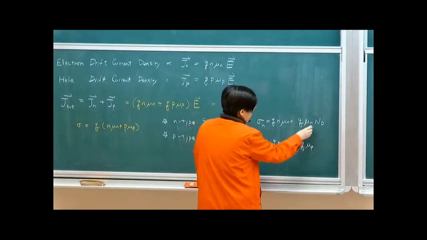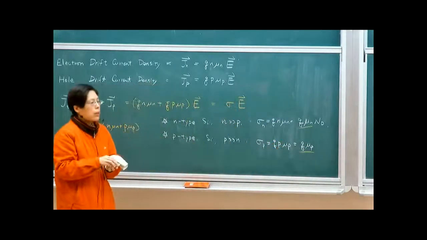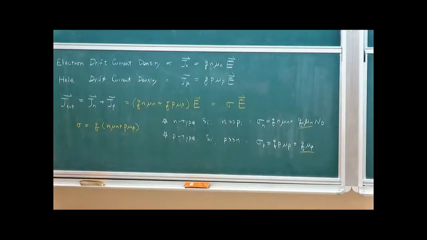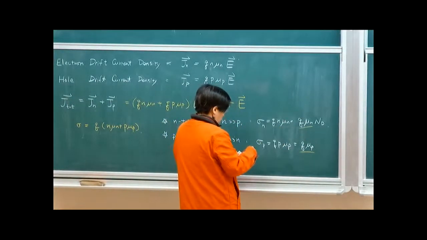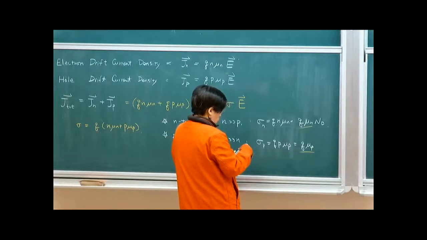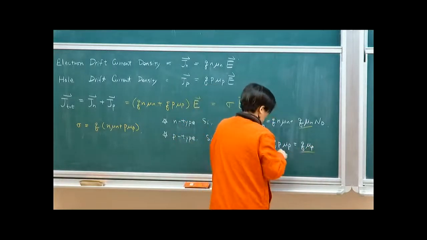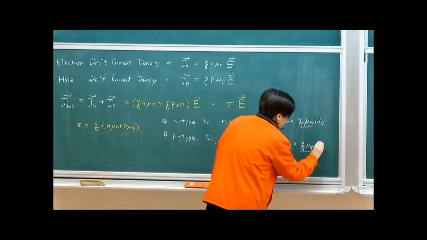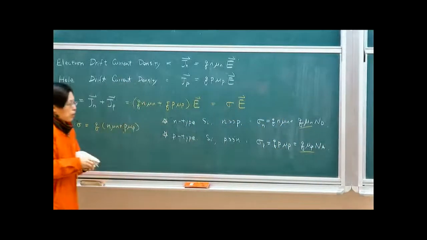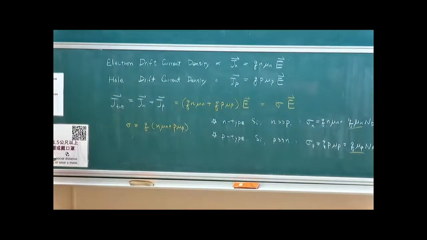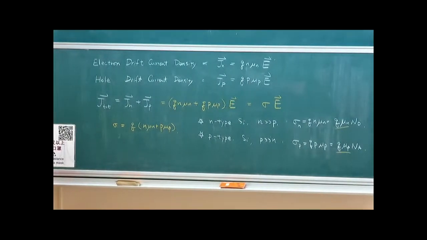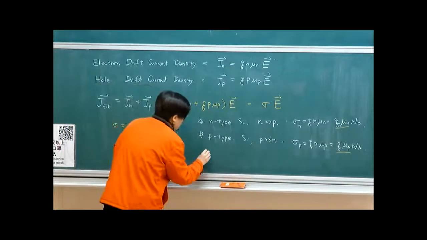Let me emphasize again, these are mostly constants. Mobility has a slight dependence on temperature. You can probably ignore that, but these are typically constants that we can use. And then it only depends on your dopant concentration. So doping concentration will dominate the overall behavior of your conductivity, which is the key in controlling a material. Okay?